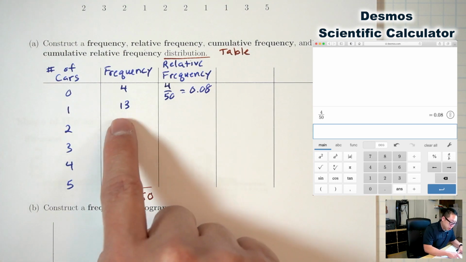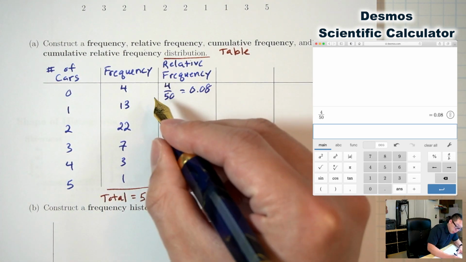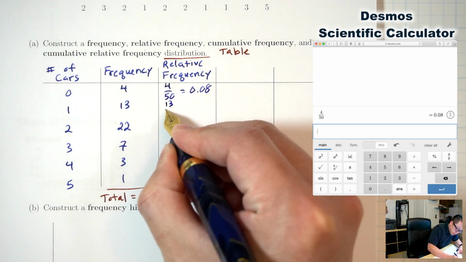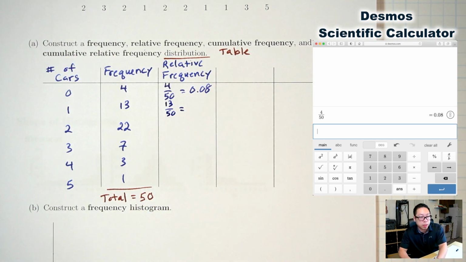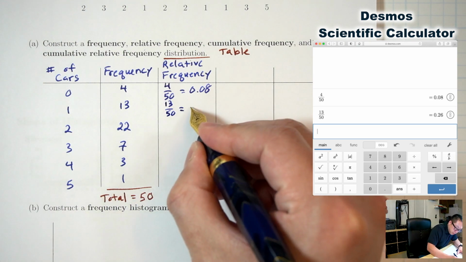Next up is 13 divided by 50. 13 divided by 50 is 0.26.